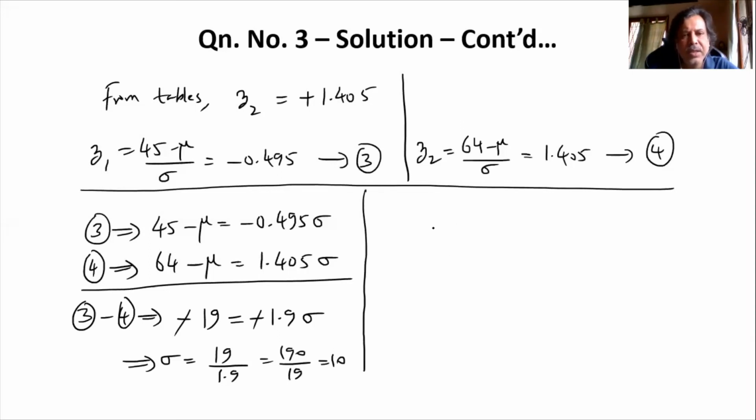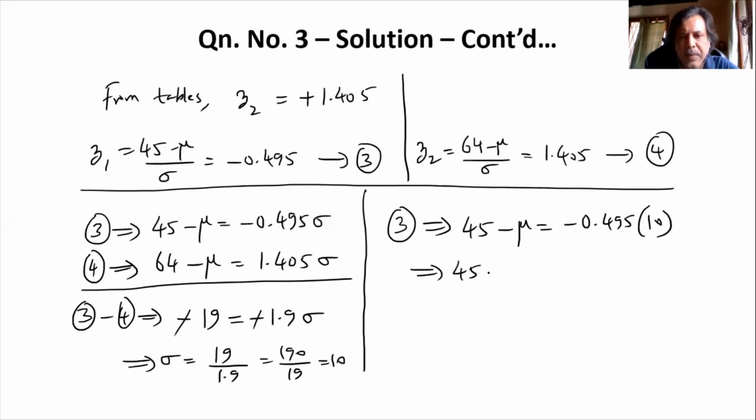Now substituting this value of sigma in any of the equations, let me substitute it in the third equation. If I substitute, it is 45 minus mu is equal to negative 0.495 times 10. So take this negative mu to the left side.